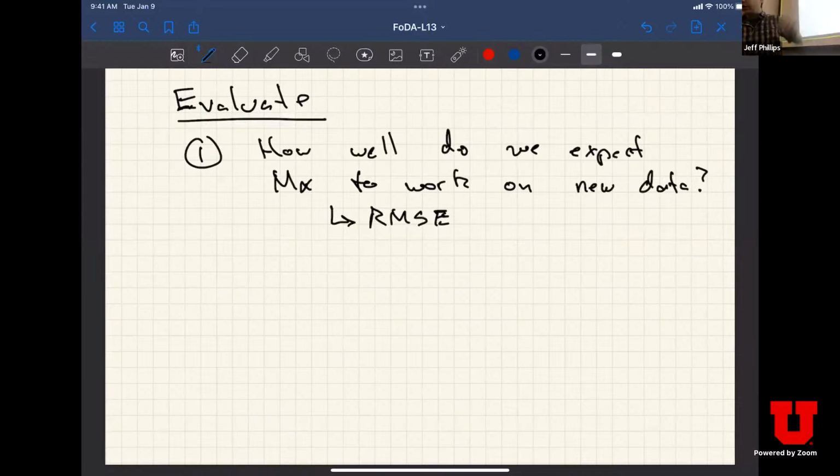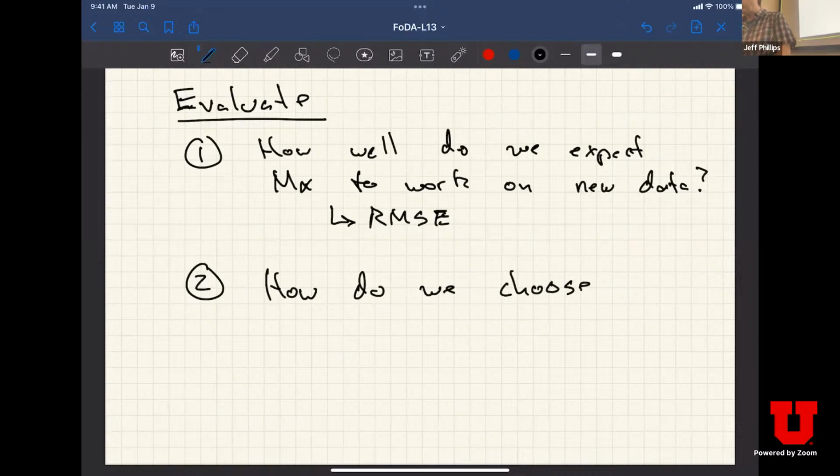I have, okay? The other thing, which is slightly so different, which is what we started with, okay, is how do we choose the best parameters, okay?